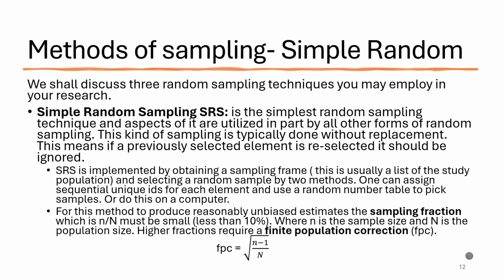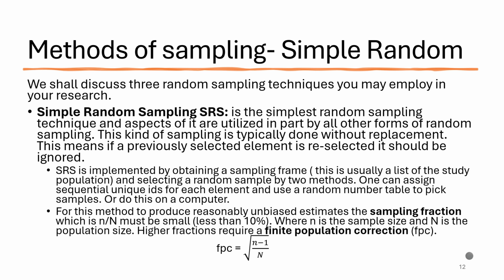Simple random sampling is implemented by obtaining a sampling frame. This is usually a list of the study population, and selecting a random sample by two methods. One can assign sequential IDs for all elements and use a random number table to pick samples, or do this on a computer. My advice is do this on a computer, right? For this method to produce a reasonably unbiased estimate, the sampling fraction, which is small n over capital N, must be small.